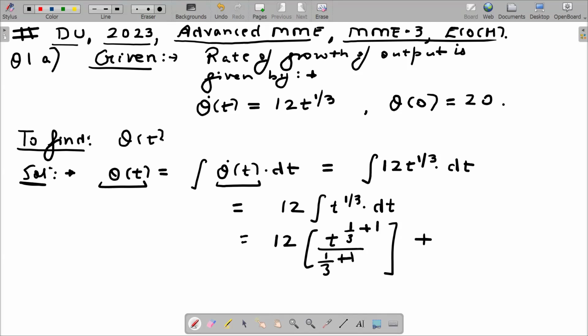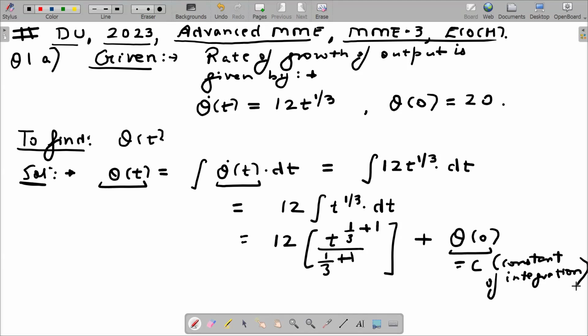Now the constant of integration, C, will be nothing but the value of output at time period 0. Remember, the constant of integration is nothing but the value of output at t equal to 0.